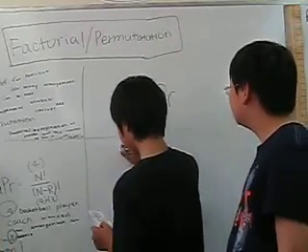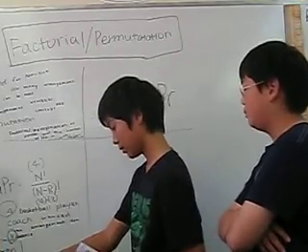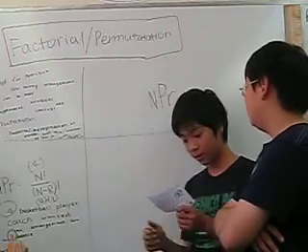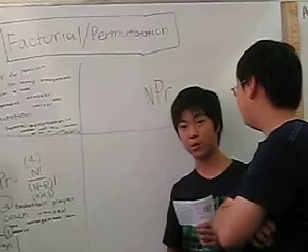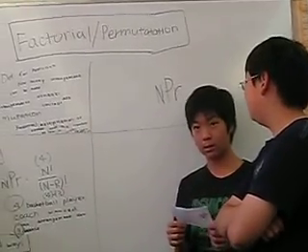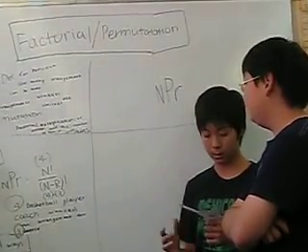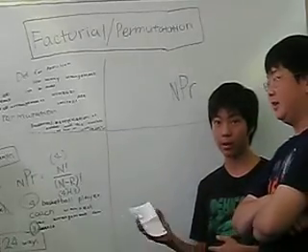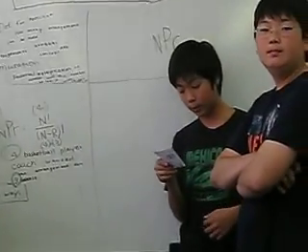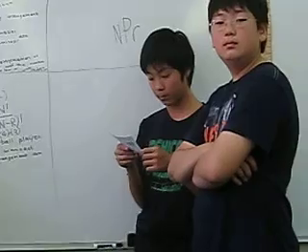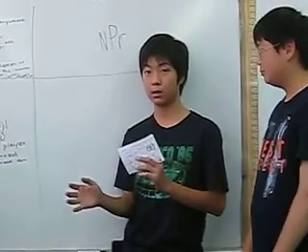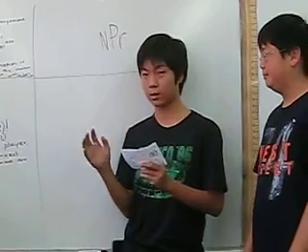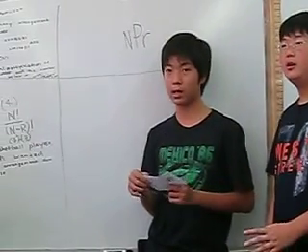Because we can know how many arrangements can be made in our modern life. It helps a lot, and we can see how many arrangements can be made in order.